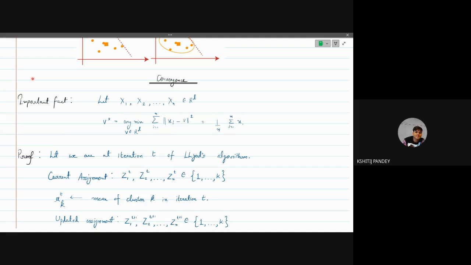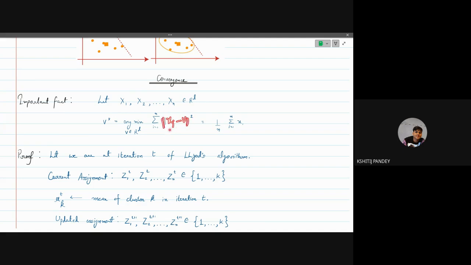Okay. Let's say we have a data set of n data points x1 to xn. Now we are talking about an objective function which is summation i from 1 to n, and we are calculating the distance between point xi and some vector v.